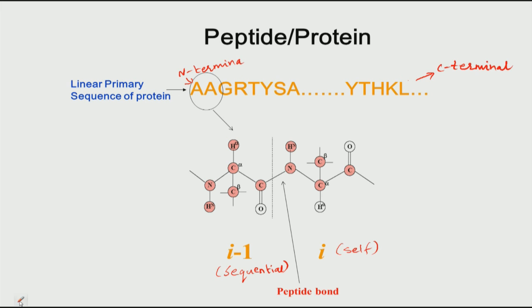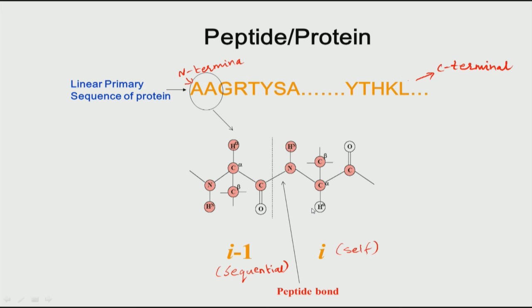Okay. So, we use the words self and sequential to denote these two different amino acids. This is a peptide bond which is connecting the two amino acids.